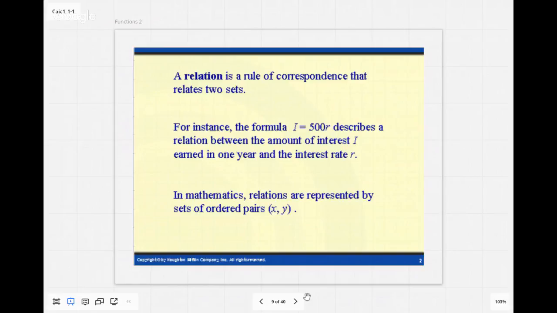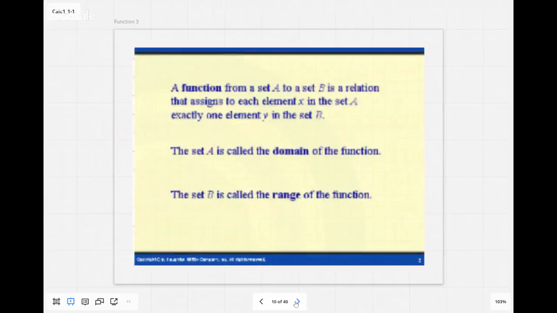Very little requirements. That's a relation, just any relationship at all. On the other hand, a function, as you know, is restrictive. You can't have two values of y for the same value of x.